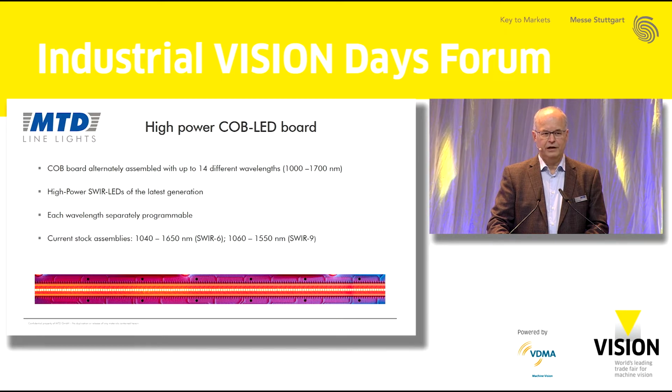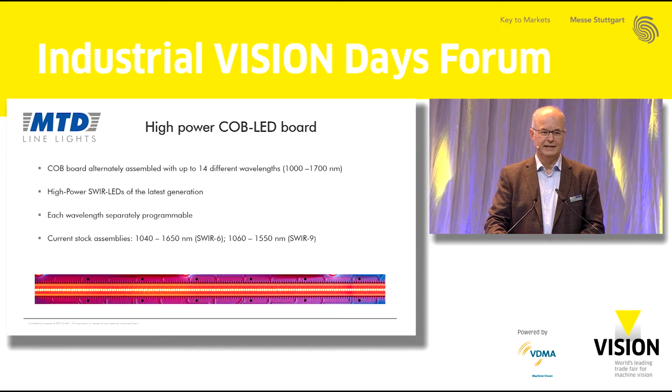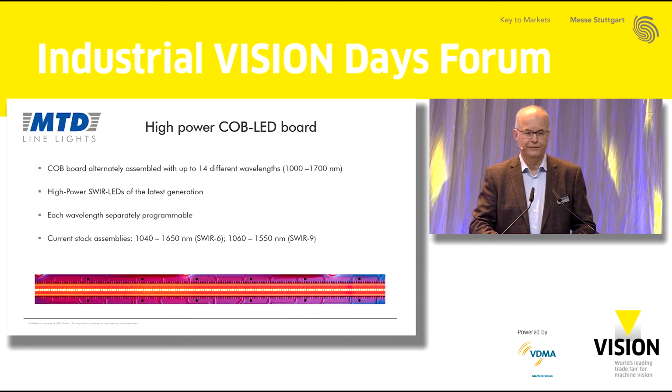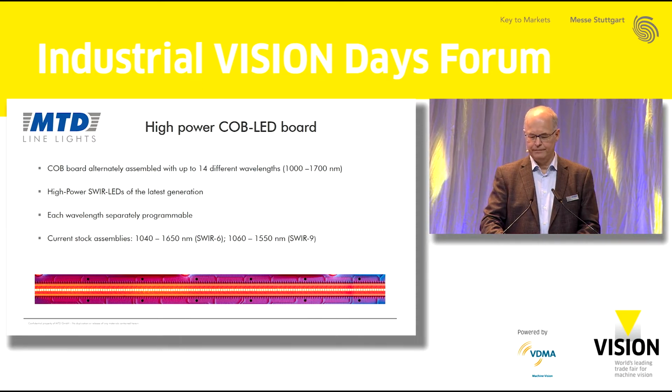We currently have 2 assemblies in stock: one named shortwave infrared 6, from 1,040 nanometers up to 1,650 nanometers, and another, the shortwave infrared 9, from 1,060 up to 1,550 nanometers.